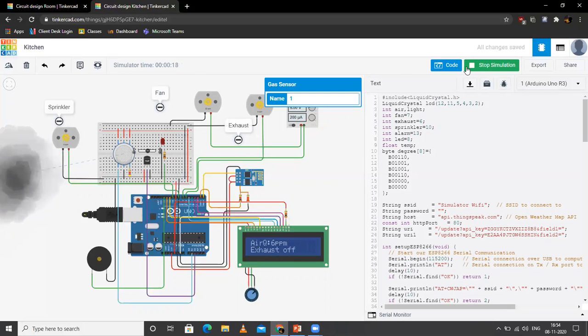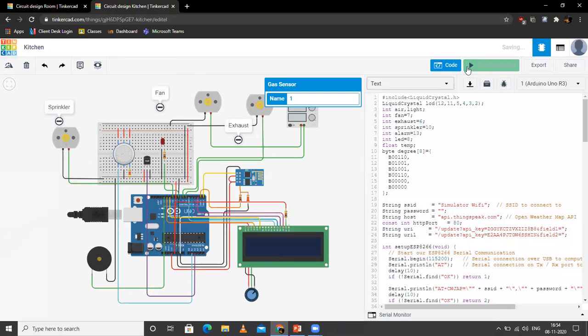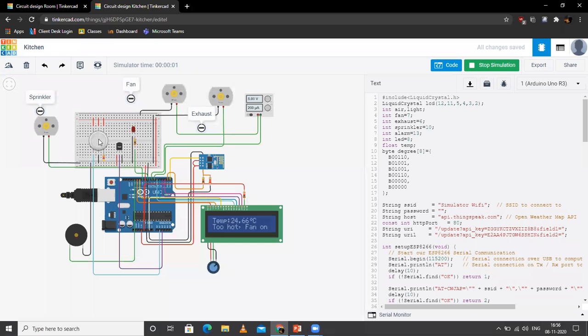If we increase the temperature to more than 75 degrees and again introduce smoke, we can see that the fan, the DC motor, is turning on, and so is the exhaust. But if we take the smoke away from the sensor, we can see that the exhaust will be turned off.